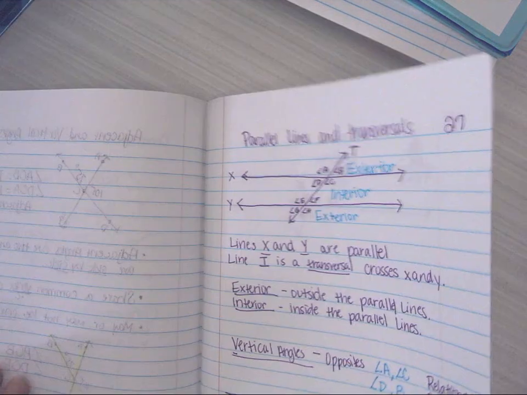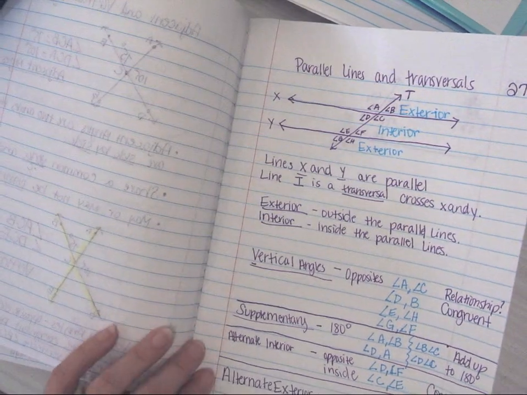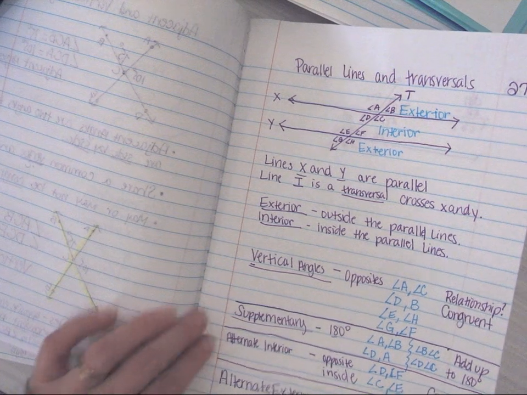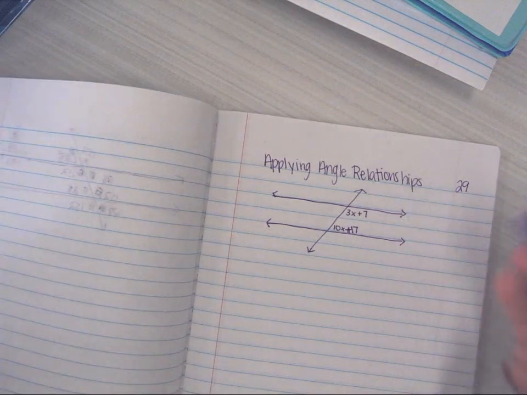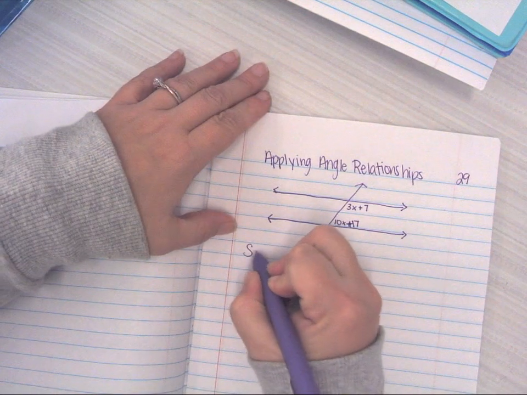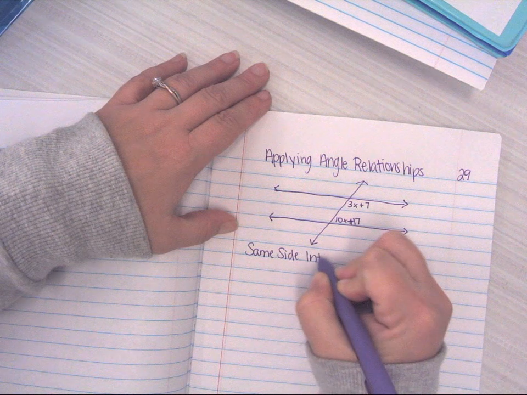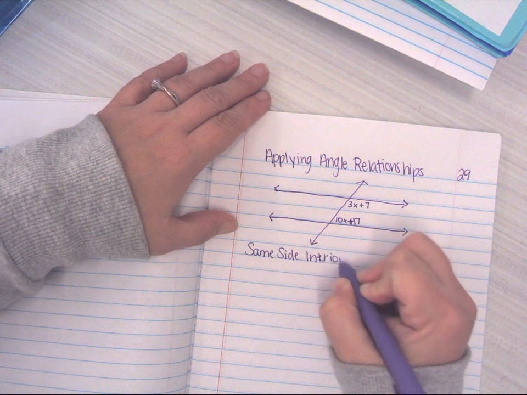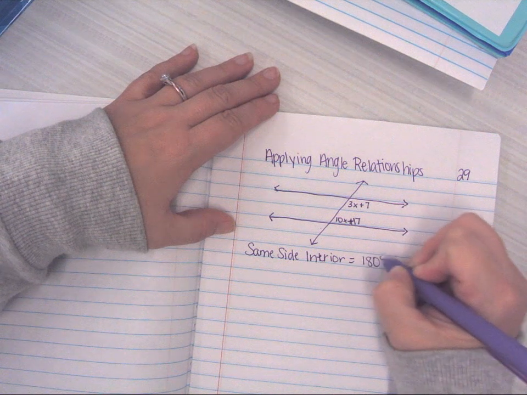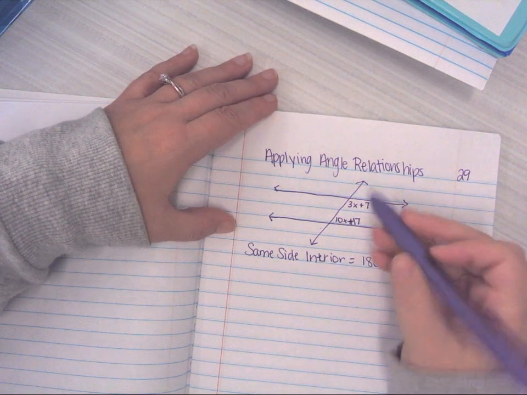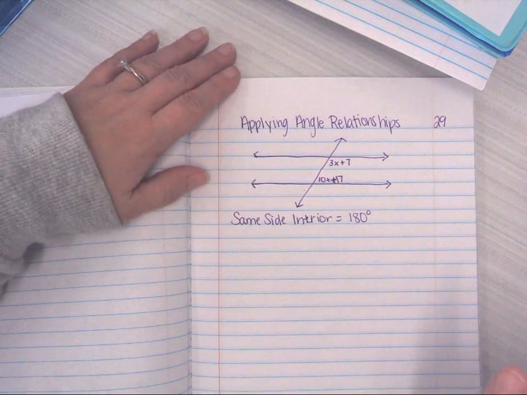Alternate interior were congruent, right? If these are same side interior, they add up to 180 degrees. Same side interior angles add up to 180 degrees.